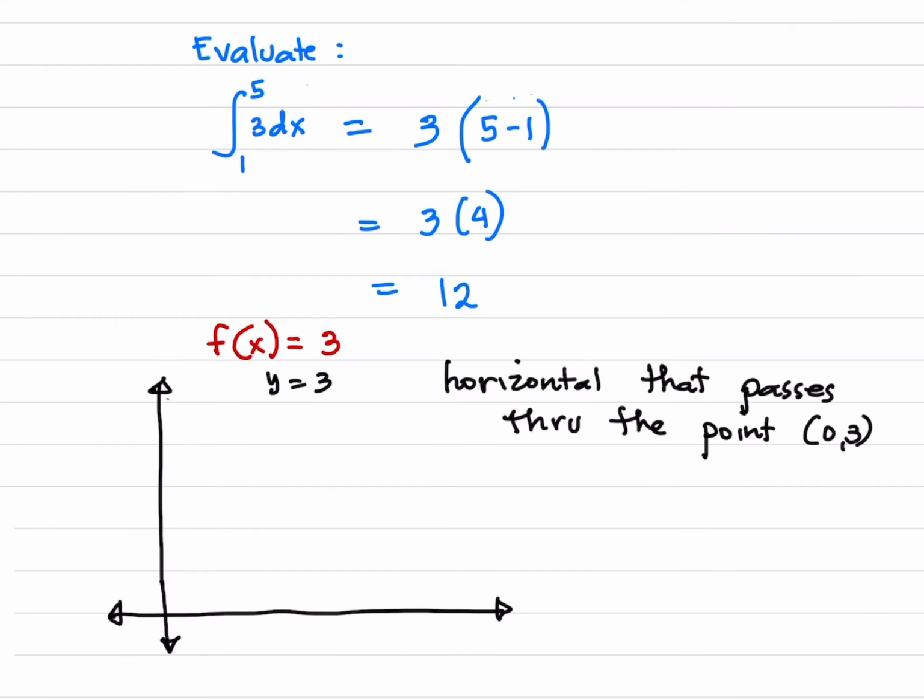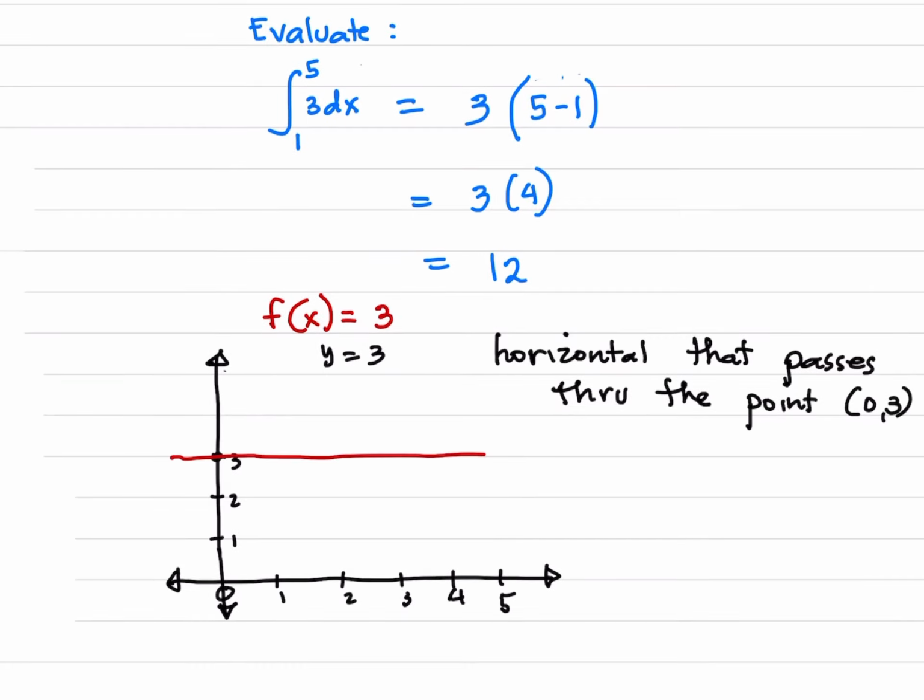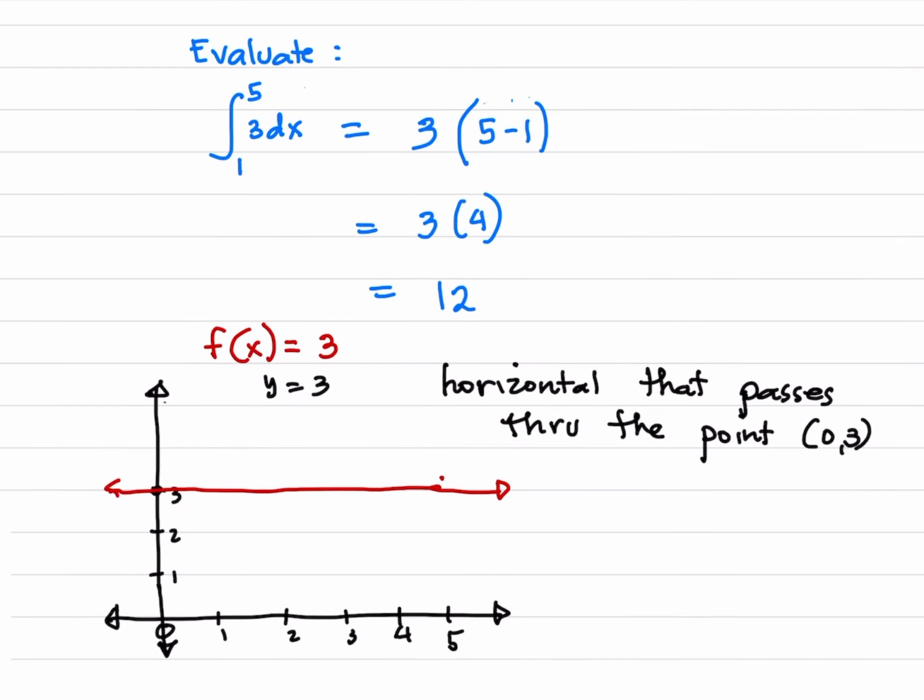So let's say this is 0, 0, 1, 2, 3, 4, and 5. A horizontal line that passes through the point 0, 3. So the graph would look like this. This is the function f of x is equal to 3.